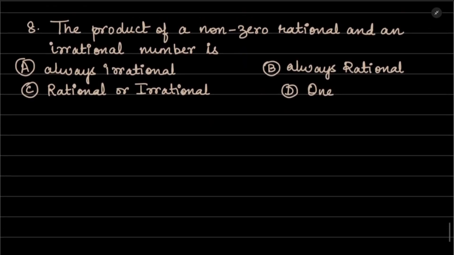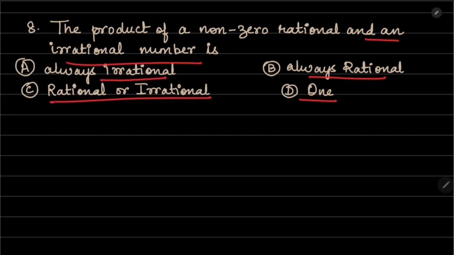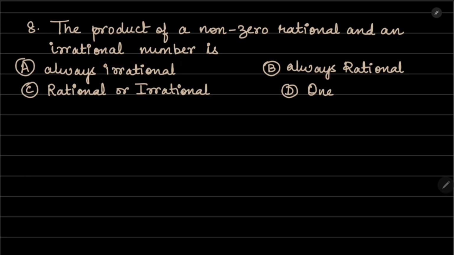The product of a non-zero rational and an irrational number is it always irrational, always rational, rational or irrational. So suppose you have a non-zero rational number, say for example 2. You have to find the product multiplied by an irrational number, which is root 3.